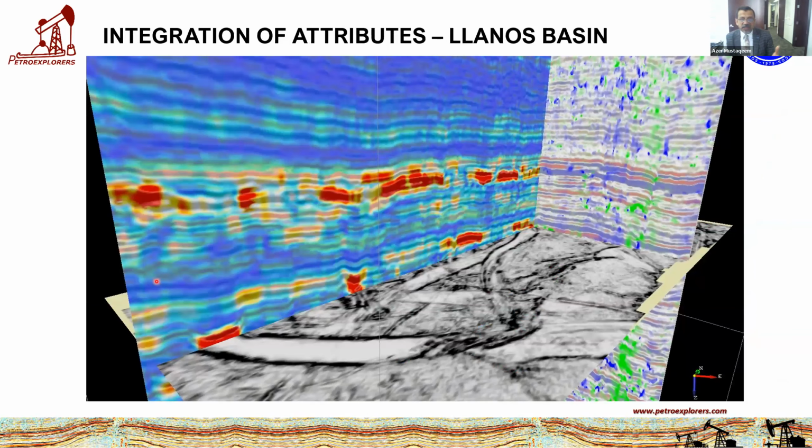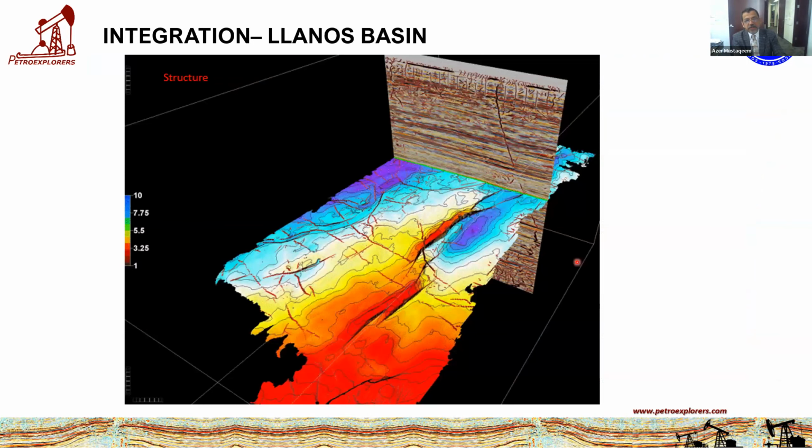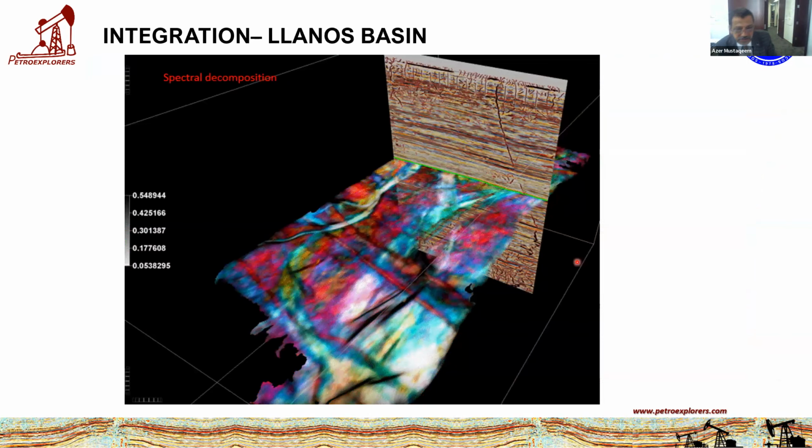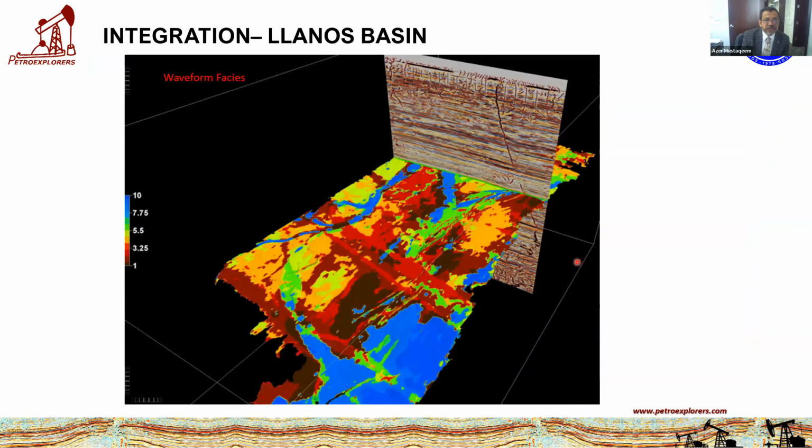And again, integrating all of these together, sometimes 3D visualization, bringing up what's called sweetness and various other attributes, combining them together with the energy and dip attributes and faulting and various coherencies can give you a full understanding.